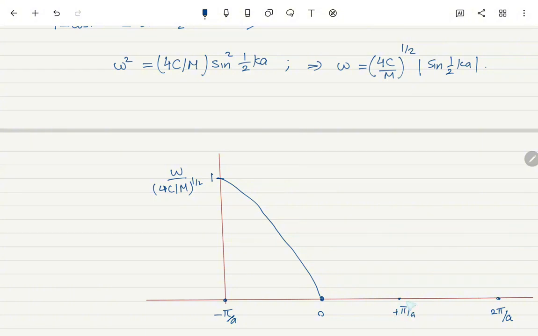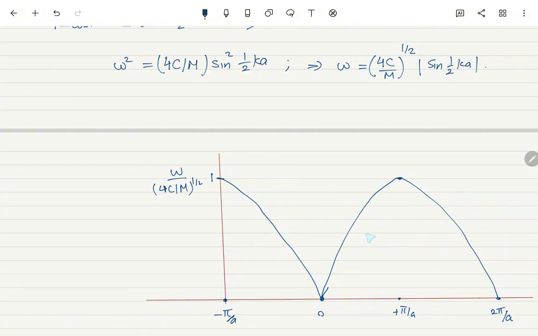Again, when K equal to plus pi over a, omega will be maximum, which is 1 in this case, so it will be something like this. And again, at 2 pi over a, it will be 0.